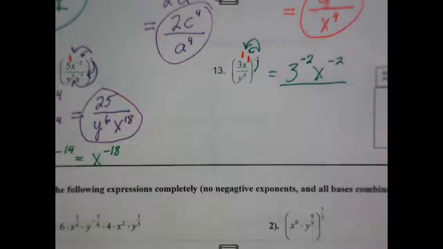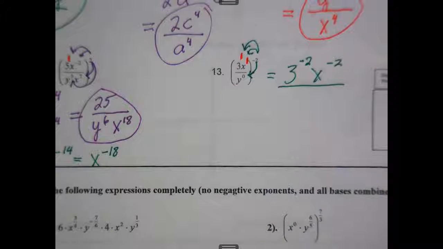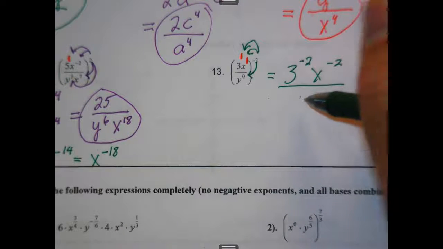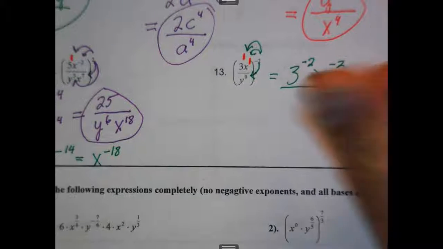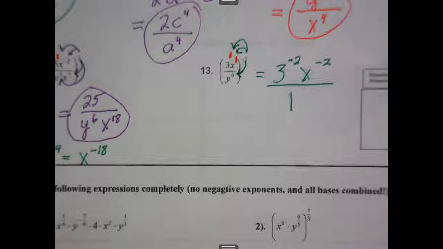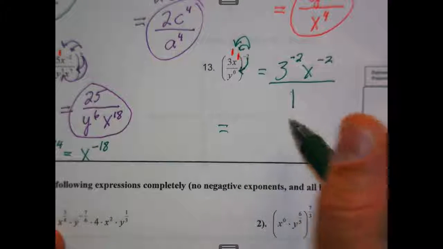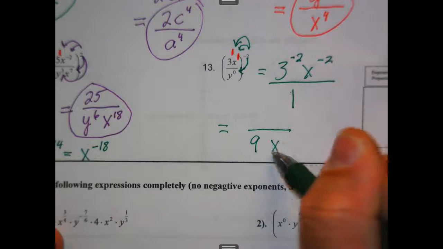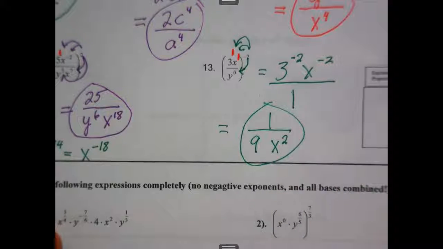Oh, sorry. 0, which is just, what's y to the 0? 1. Okay. I have to flip everything, don't I? So 3 squared or 9 goes in the bottom, x squared goes in the bottom, and I'm going to put that one back up on top.